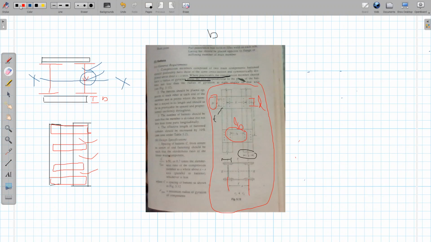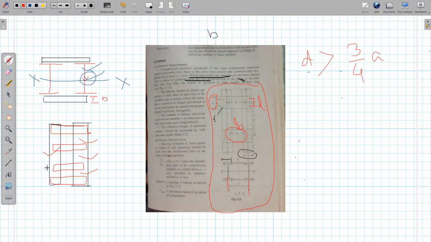This d should be greater than 3/4 of a for an intermediate batten. Intermediate batten means this one and this one. A is known to us.